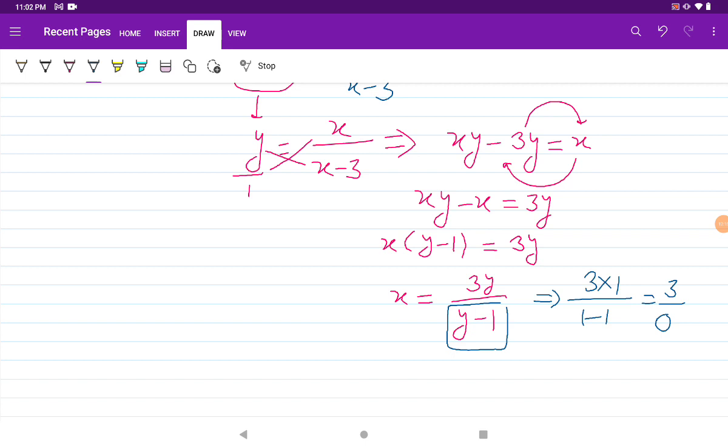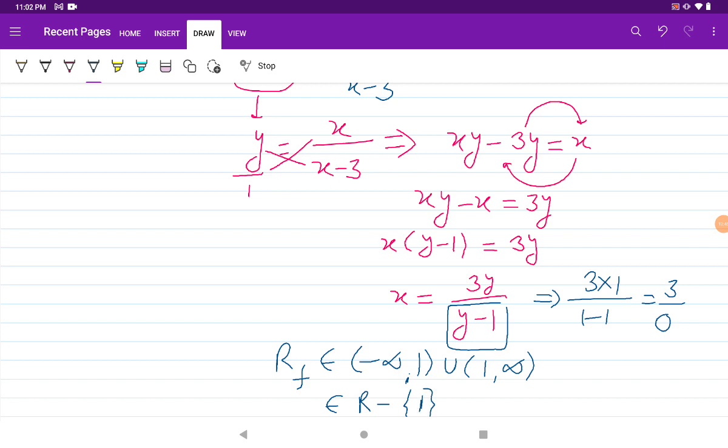So x is defined for all real values of y except 1. So the range of this function is negative infinity to 1, union 1 to infinity. Or you can write it this way also: all real numbers excluding 1.